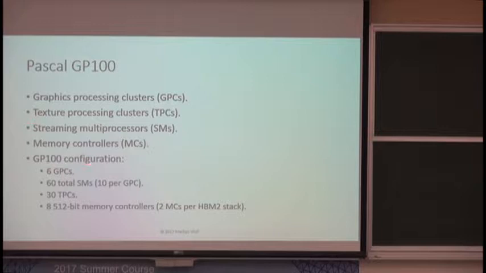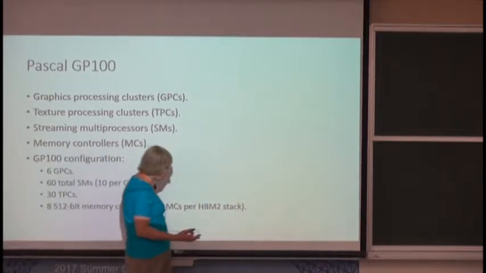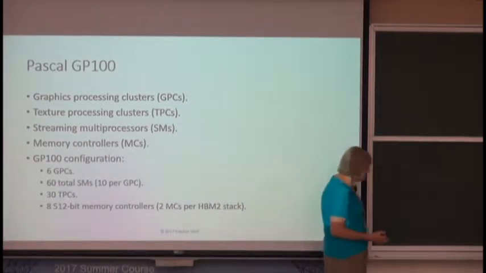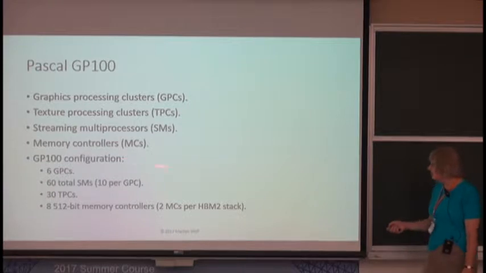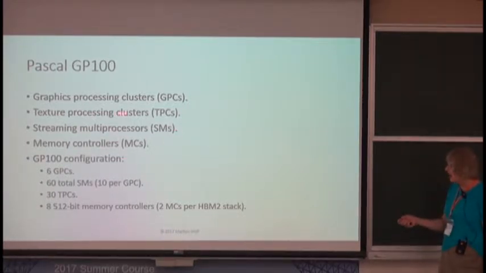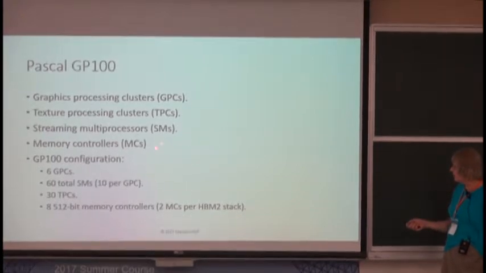But to give you a basic idea, you've got a graphics processing cluster, highest level. You've got texture processing clusters. This terminology very clearly relates to graphics, but this is sort of a memory-intensive unit. You've got your streaming multiprocessors. You're doing a lot of your numerical operations. You have memory controllers.